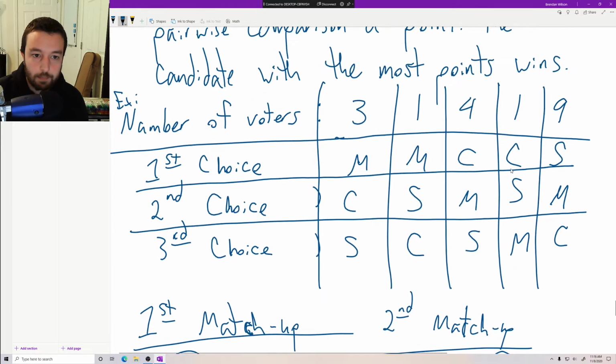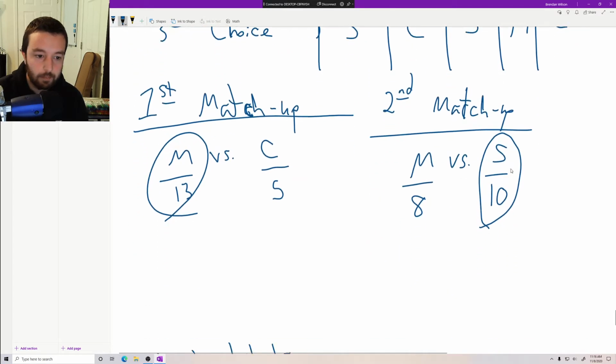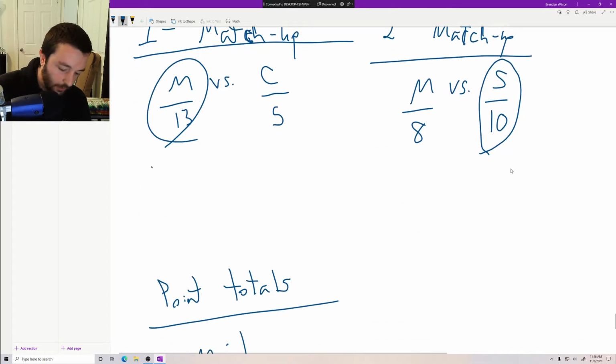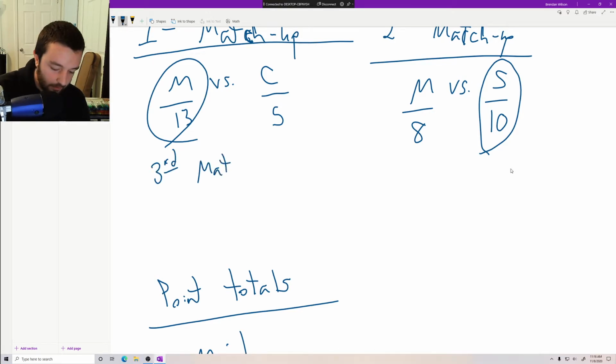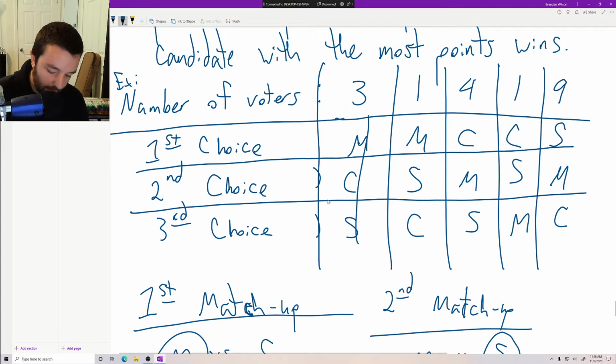And now what's the last matchup we need? That's going to be Crunch versus Snickers, right? Those are the 3 possible combinations here. So where is Crunch preferred to Snickers? That's going to be here, here, here.